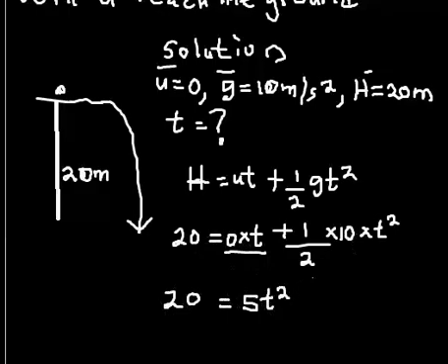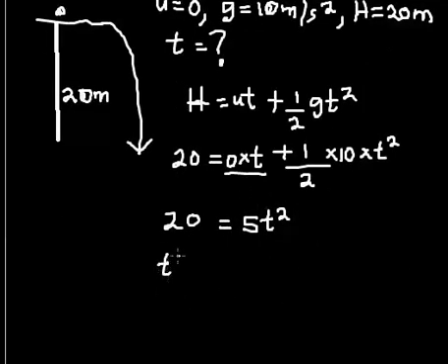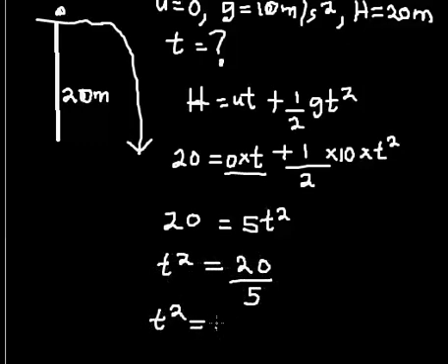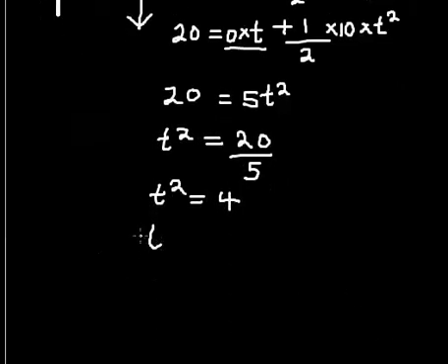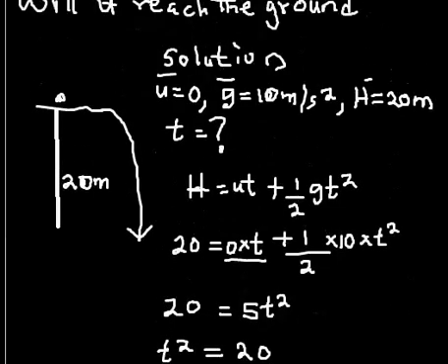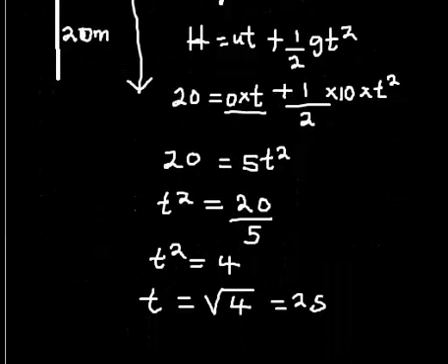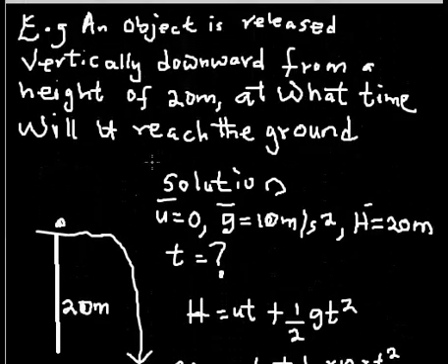With what I have, t squared is going to be equal to 20 divided by 5, which is 4. Then for me to get the t, t becomes the square root of 4. So 2 seconds. I hope that is well understood. Please take note of how to use the equation of motion under gravity.